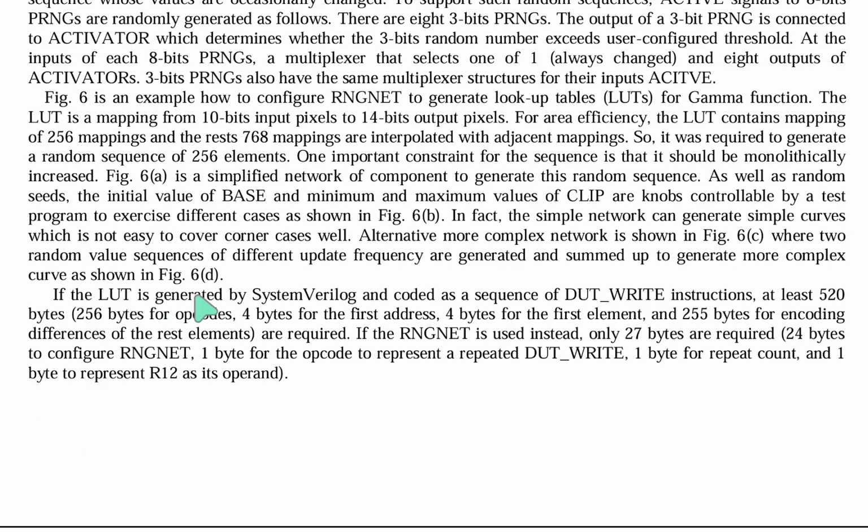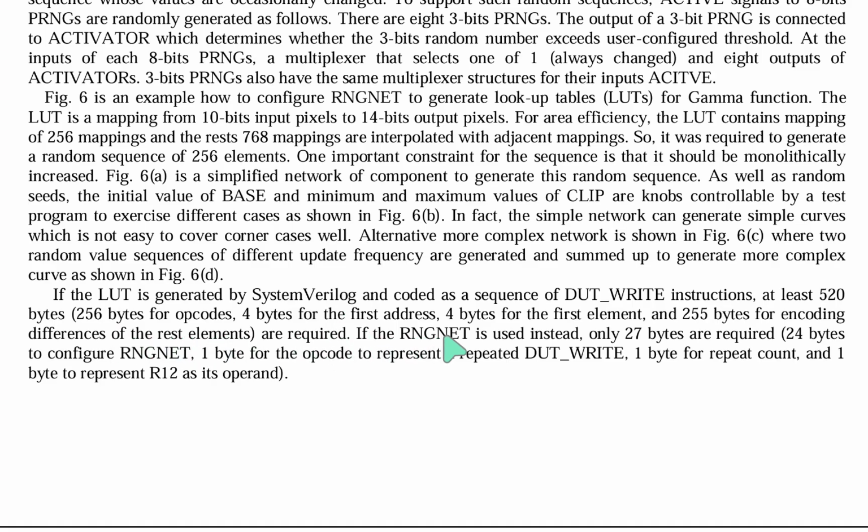If the LUT is generated by SystemVerilog and coded as a sequence of DUT_write instructions, 520 bytes are required: 256 bytes for opcodes, 4 bytes for the first address, 4 bytes for the first element, and 255 bytes for encoding differences of the last elements.